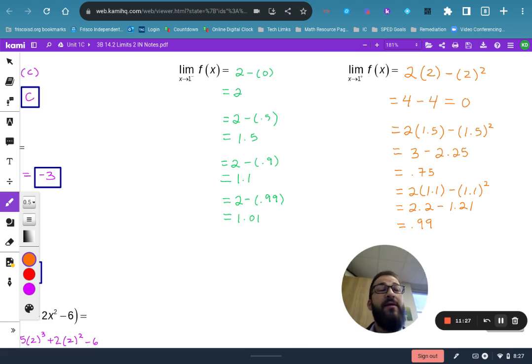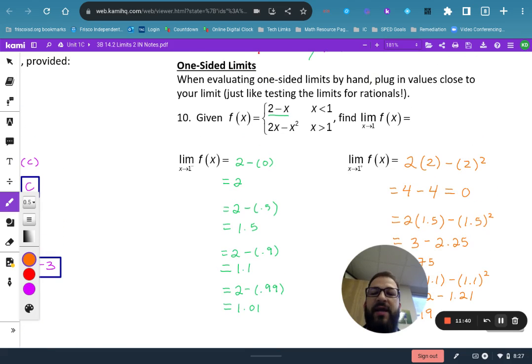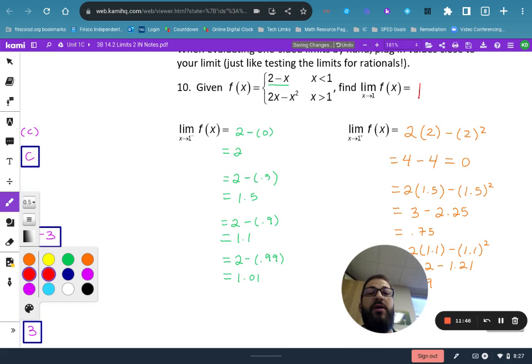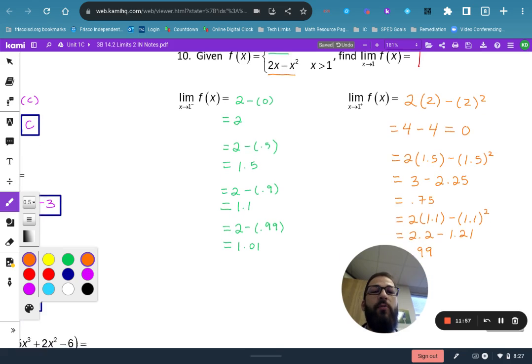Okay, so hopefully, just from doing that, you can start to see. From the right side, I've gone all the way to 0.99. From the left side, I've gone all the way to 1.01. So my left-side limit and my right-side limit look like they're going to end up getting to a y value of 1. If I wanted to test that just to be sure, I can plug that x value of 1 into both and see, even though my functions don't technically get there, what would they equal if I plug in 1?